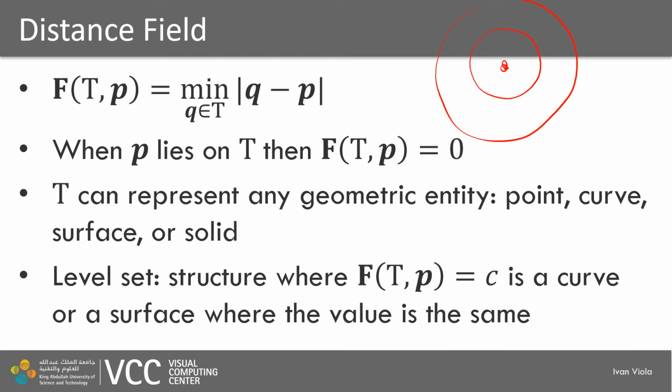If we have, however, a line, then we will be calculating the minimal distance from our point to a point on the line. So if our point P is here and our line is here, then we are calculating the closest distance to a point, and this point will be the point Q. This is how we calculate a distance field around a certain object.